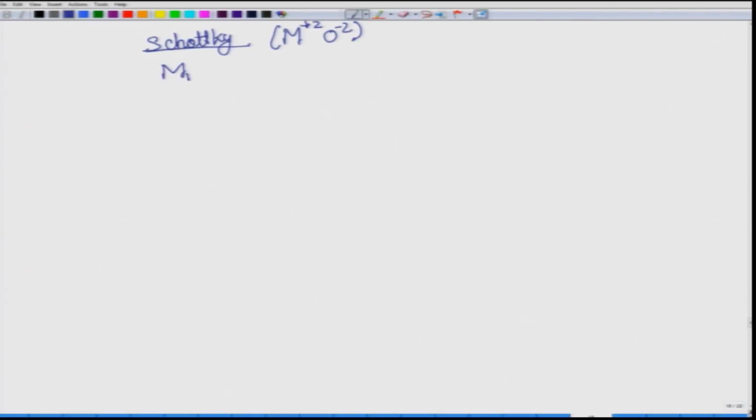So, M sitting at M with no effective charge, O sitting at O with no effective charge, and this is a reaction which can go in either way. Now, let us say this is a Schottky defect. So, there is a vacancy at the cation site and a vacancy at the anion site.